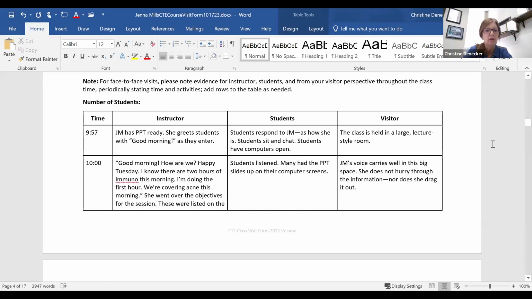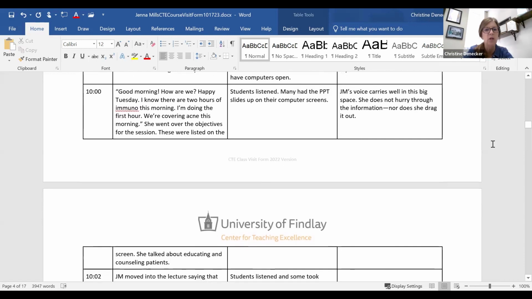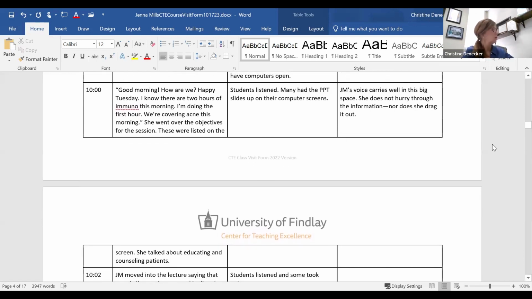Okay, so we've got good morning. I'm just looking at my domain 2 and 3 as we walk through this. So we have routines, behavior, spaces for learning, communicating purpose about content. She went over the objectives for this session, on that screen.